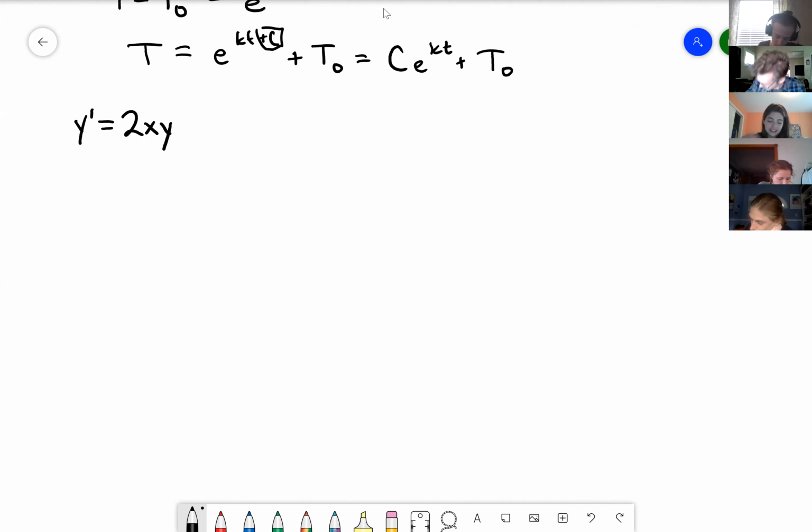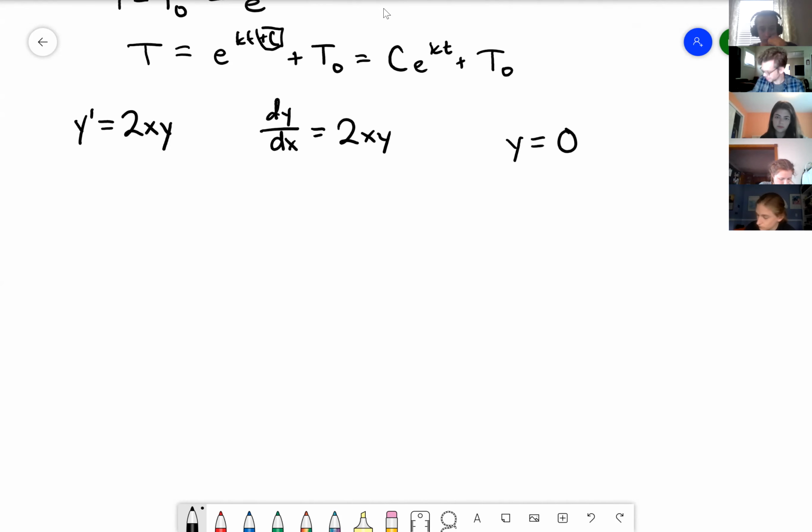Okay. So just as a preliminary step, I'm writing this like this for the sake of not having to think about it too much. Well, let's first of all get the stationary solution. We'll get y is equal to 0. Now I think that gets included in our solution as well.